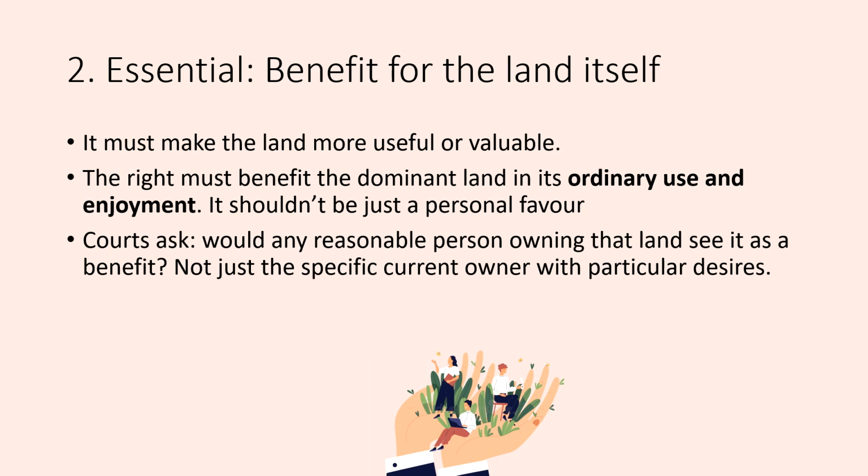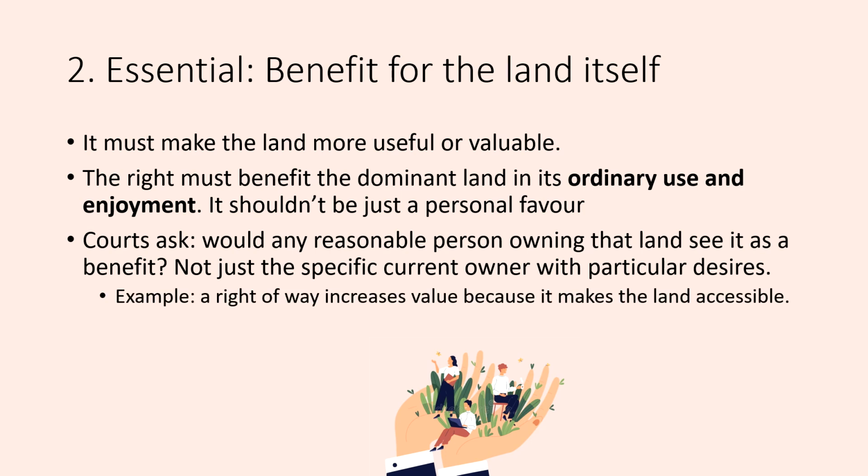So the courts basically ask, would any reasonable person owning that land see it as a benefit? And that's not just a specific current owner with any kind of weird, eccentric, particular desires, but really any kind of reasonable person. And again, a classic example would be a right of way, which makes the land accessible.